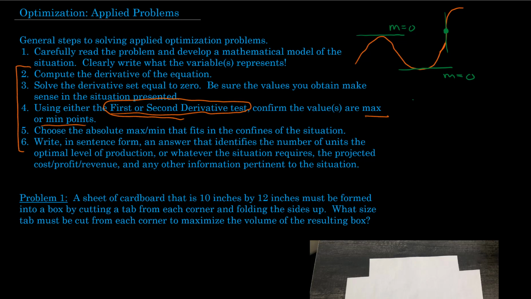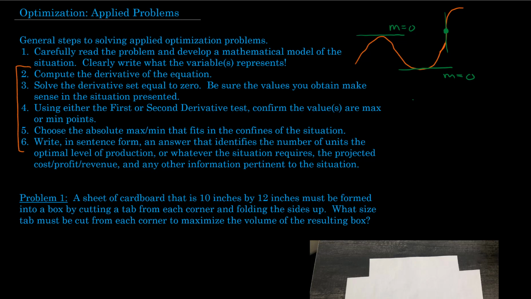Remember earlier in step 1, you should have written down somewhere that the objective here is to maximize or to minimize. And then apply the first or second derivative test. And we've talked about in earlier situations, sometimes it's easier to do the first derivative, sometimes it's easier to do the second derivative. Either will work. Go with the way that is easier because you're less likely to make a mistake.